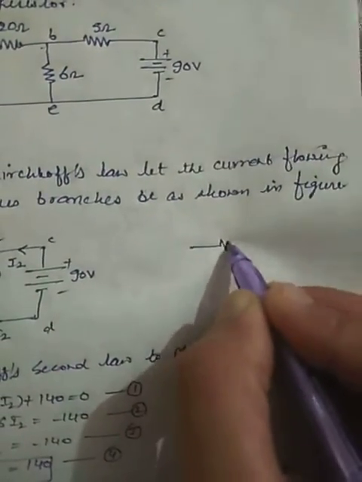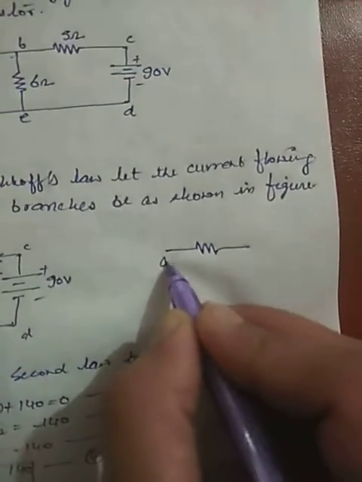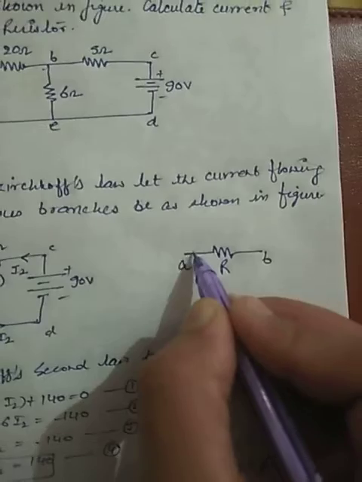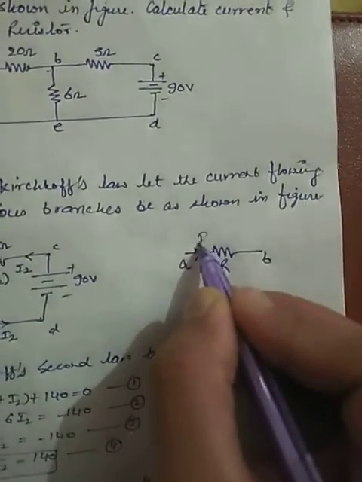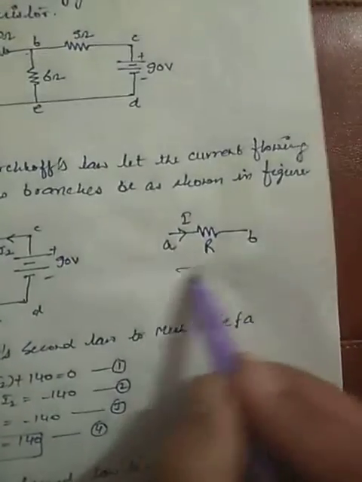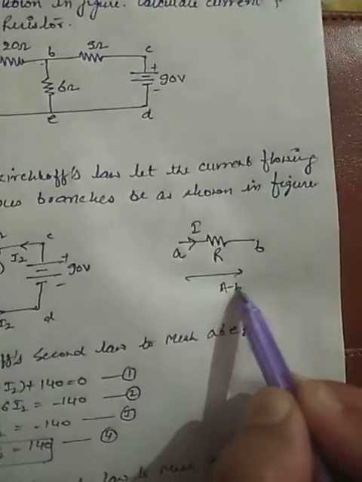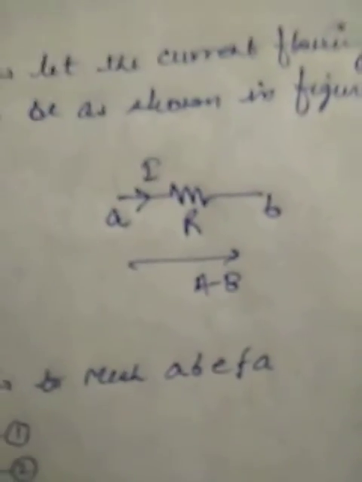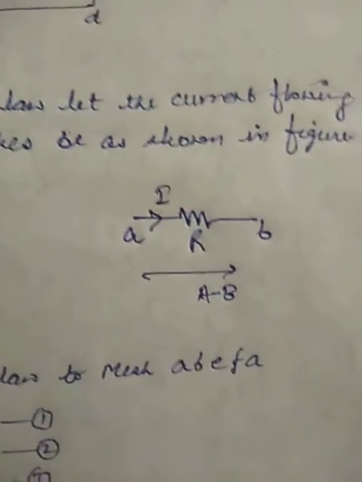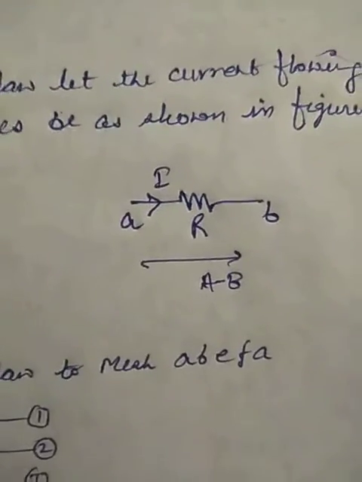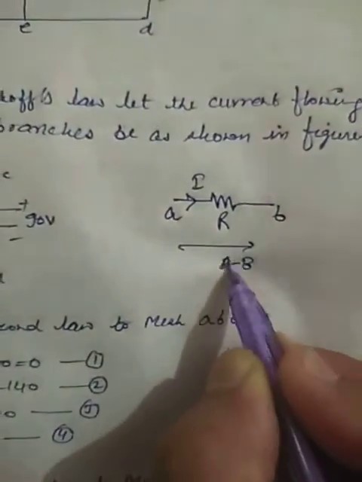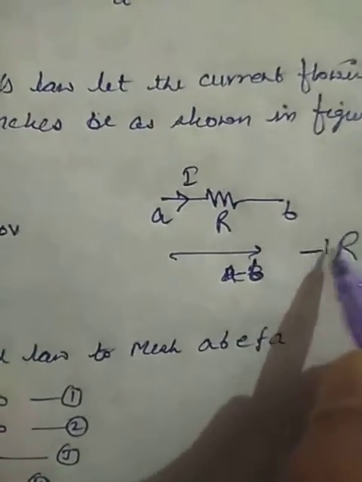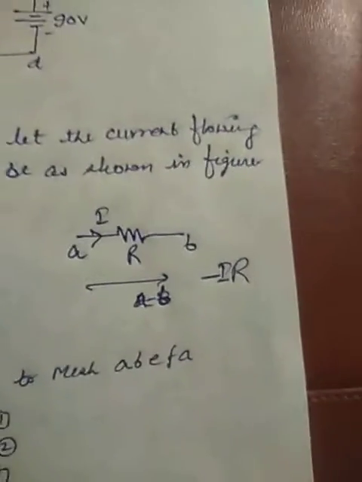So we will take minus sign here. If we are tracing from A to B and the value of resistance is R and current flowing is I, and the current is flowing in the same direction, A to B, then we will take the negative sign, minus IR.